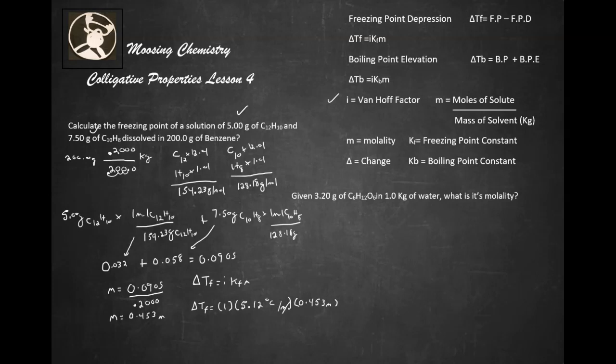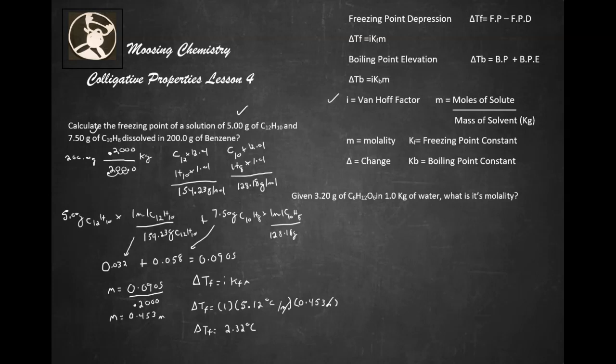So m's cancel m's, and that gives me a grand total of delta TF equal to 2.32 degrees C. Now, we had our original freezing point of benzene. I should have written this down, but I didn't. The freezing point of benzene is 5.5.